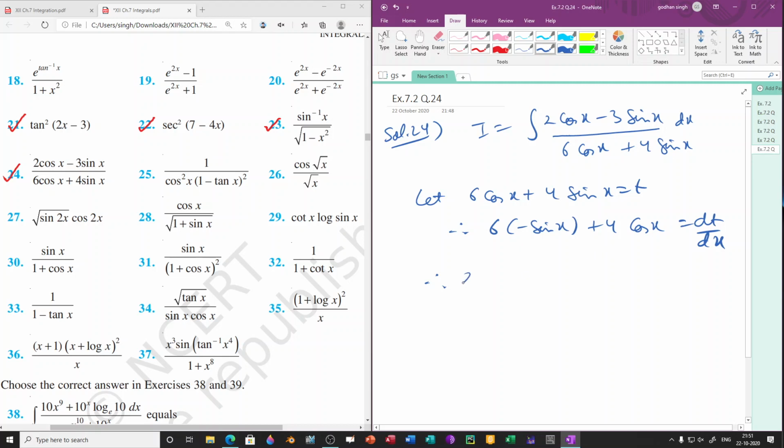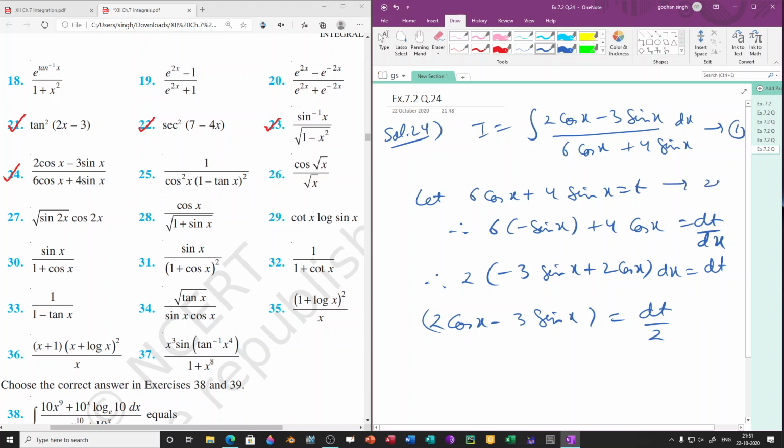So taking 2 common, we get (minus 3 sin x plus 2 cos x) dx equal to dt. So this we can rewrite as 2 cos x minus 3 sin x dx equal to dt by 2. So let this be 1, this be 2 and this be 3.